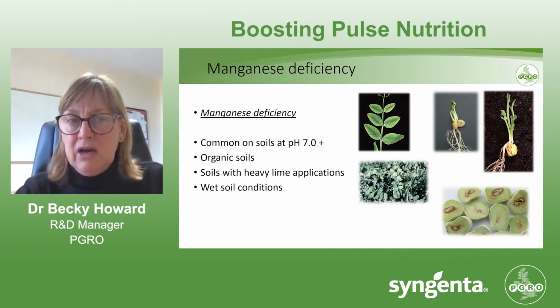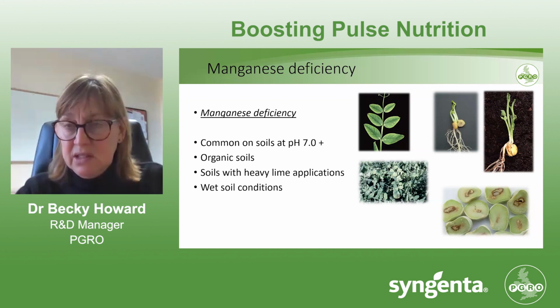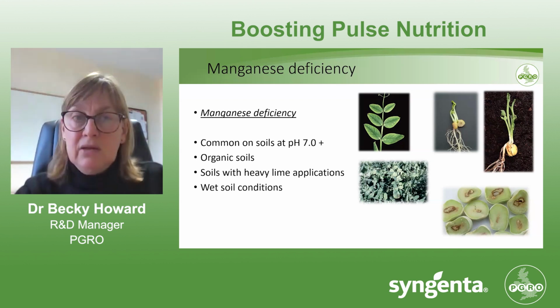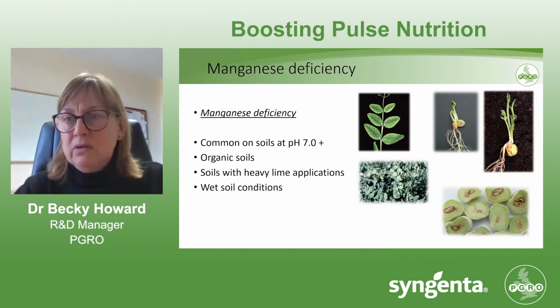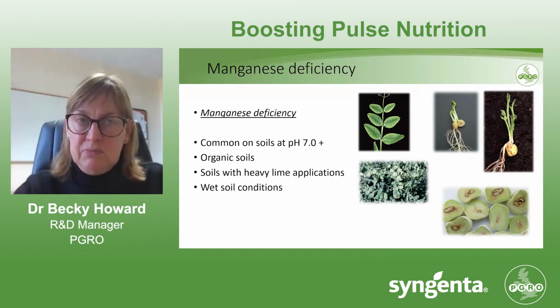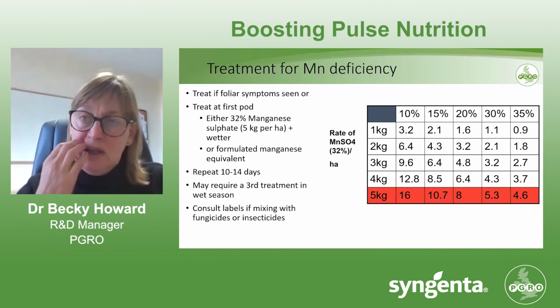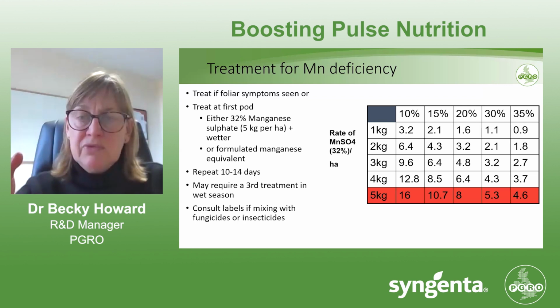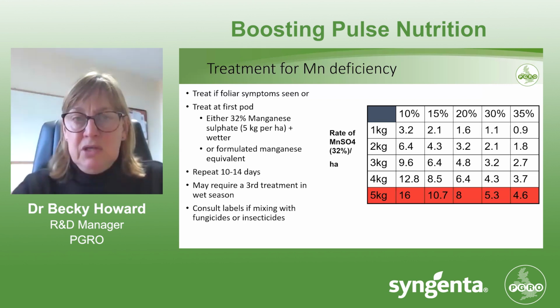So when we have marsh spot in seed, we can see that we get these abnormalities in the pea that's growing from that seed, and it causes really a barren seedling, production of multiple shoots to try and compensate for that. And those seedlings are abnormal and won't produce a normal pea plant. It's reasonably easy to rectify in the field, but I think the important thing to emphasise is that we should be using formulations that contain 32% manganese sulphate.